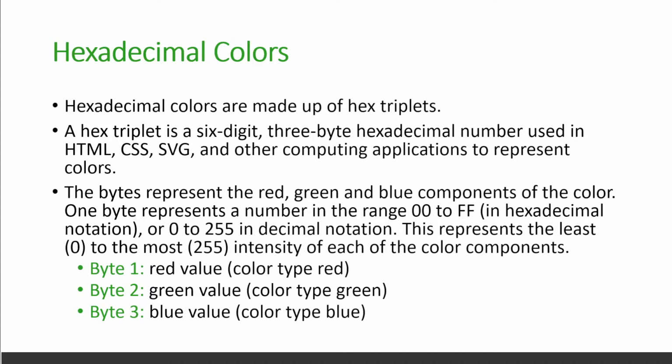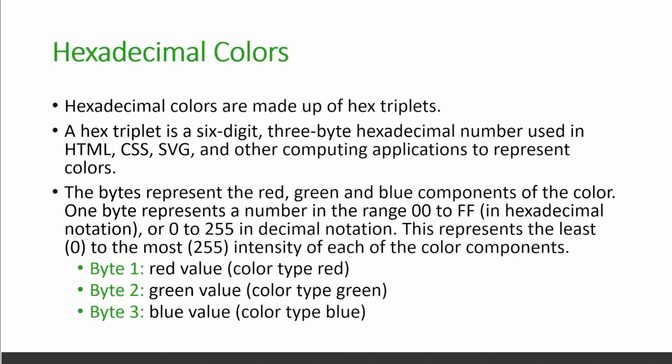But they're not just 6 characters, right? They're actually 3 pairs of characters. So we can say that it's a hex triplet, right? Because it's 3 pairs, so it's a triplet of pairs. It kind of gets confusing.